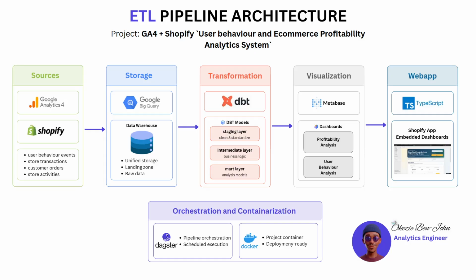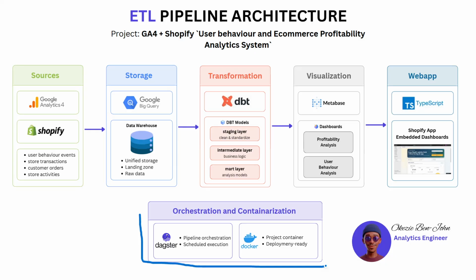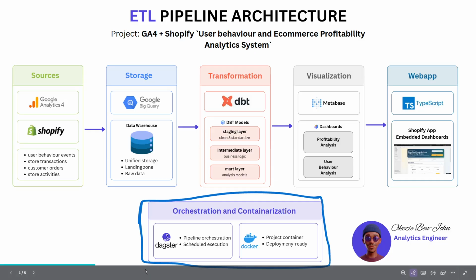Additional skills that you can learn as an analytical engineer are orchestration and containerization. These two are primarily software engineering and data engineering skills, but they're not required. They're a big bonus if you learn them and understand what you're doing, because analytical engineering is still a subset of data engineering and software engineering.